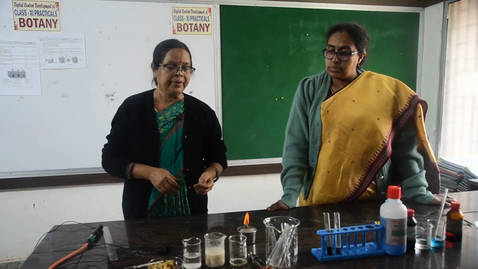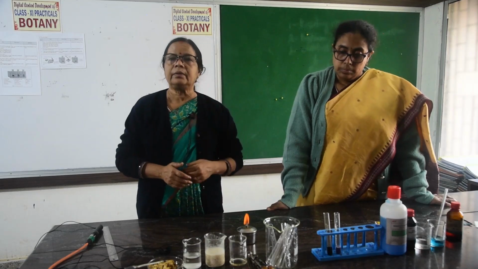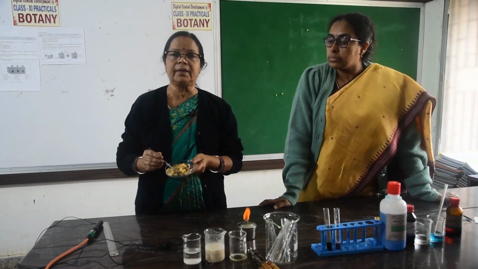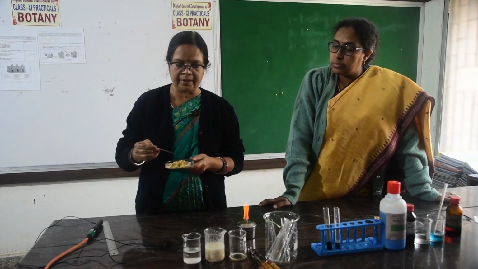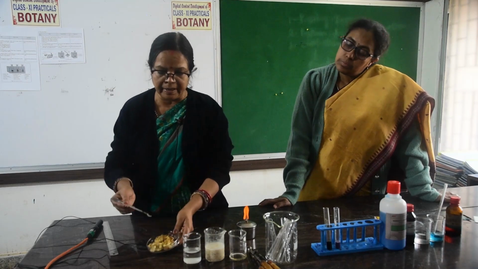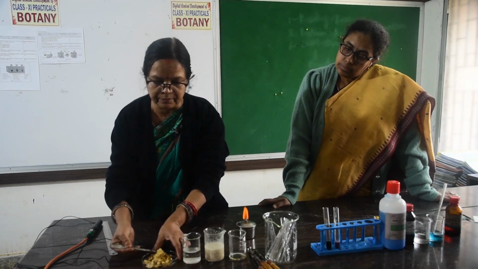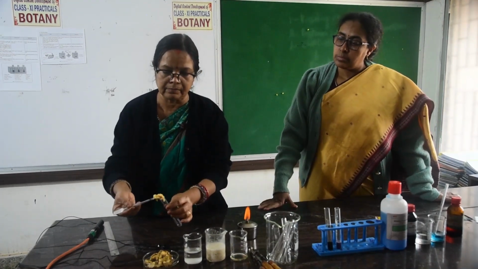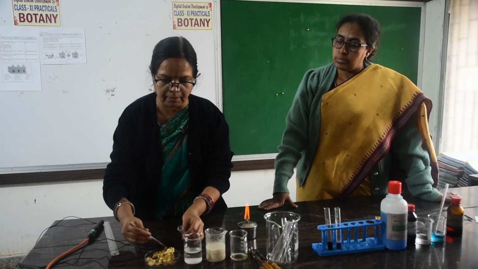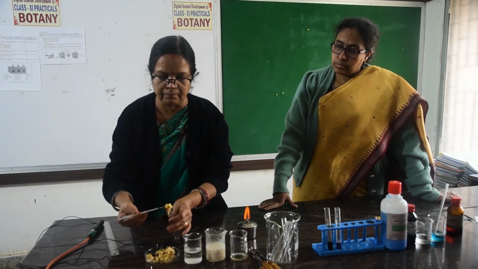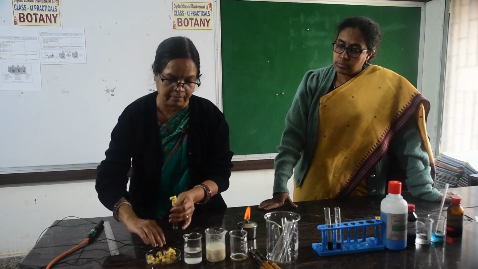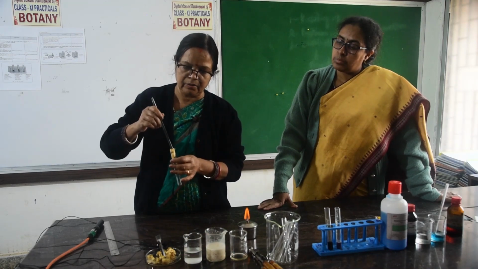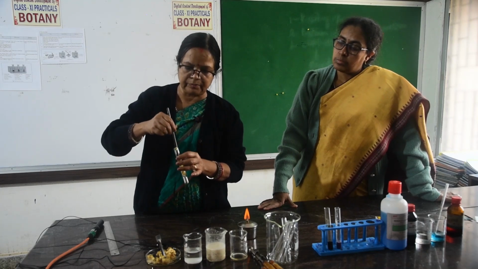Okay, now I'm going to demonstrate the test for glucose. For glucose, you have to take a plant source, that is ripe banana. Mash the ripe banana and take a small quantity in a test tube.